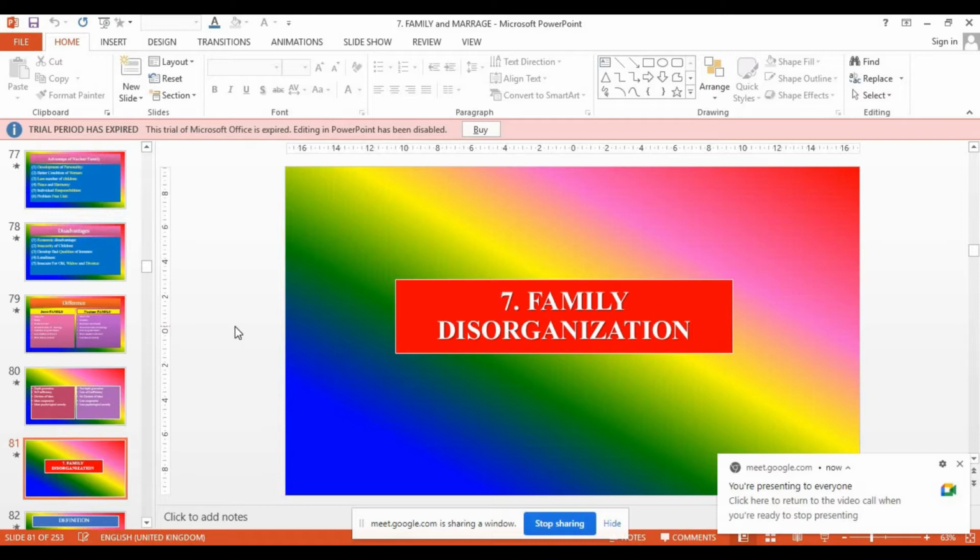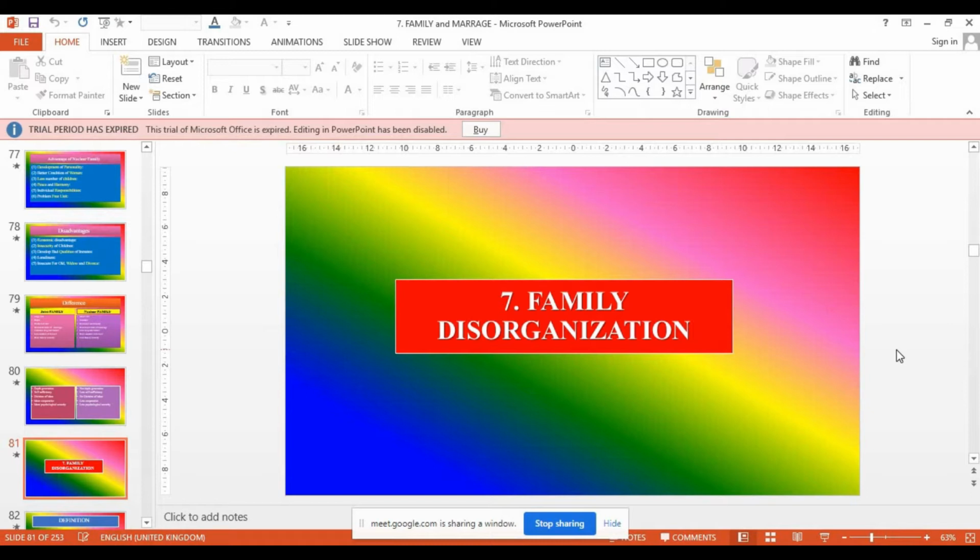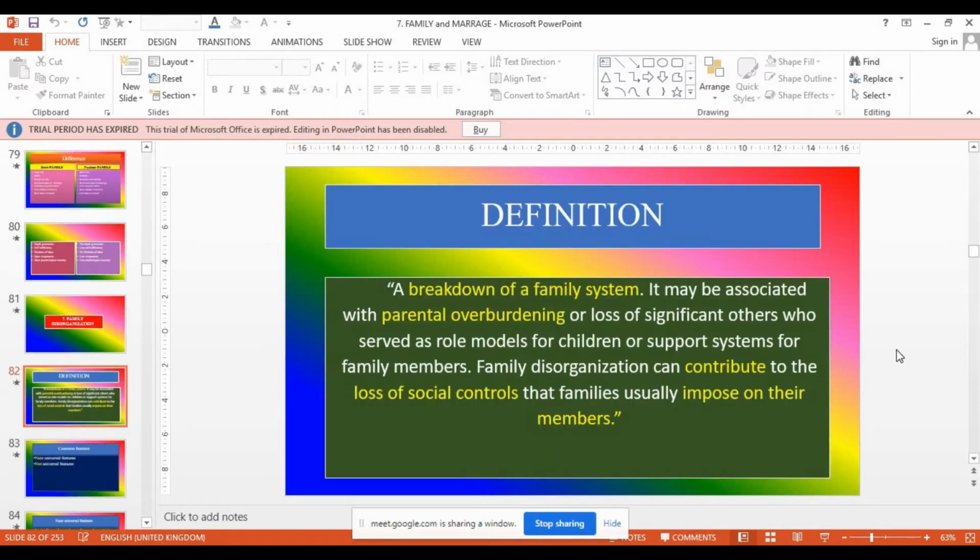Today we have to start with family disorganization. Definition: breakdown of the family system associated with parental overburdening.